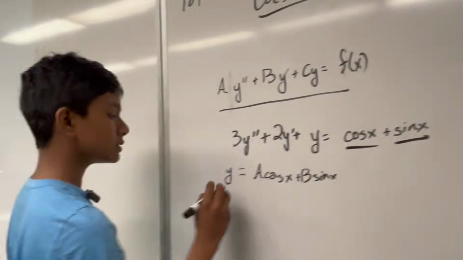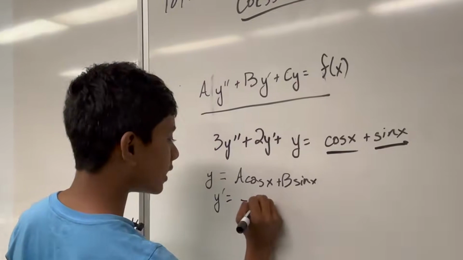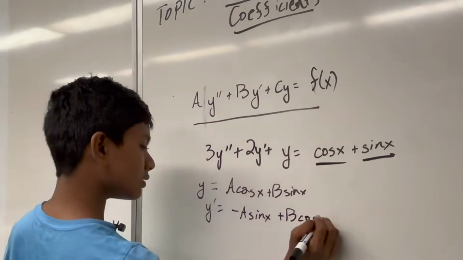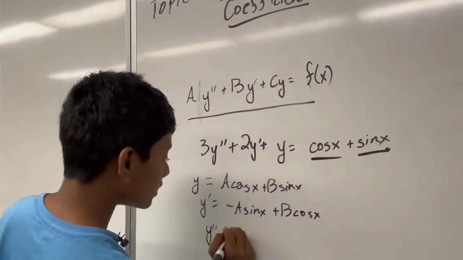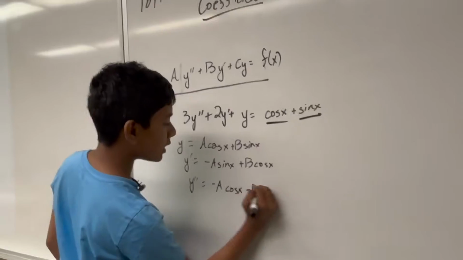A cosine x plus b sine x. That way y prime is minus a sine x plus b cos x. And y double prime is going to be minus a cosine x minus b sine x.